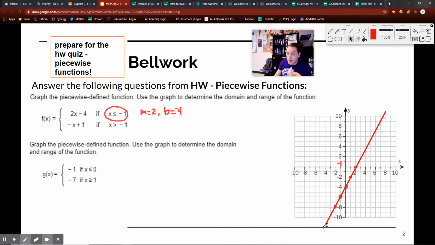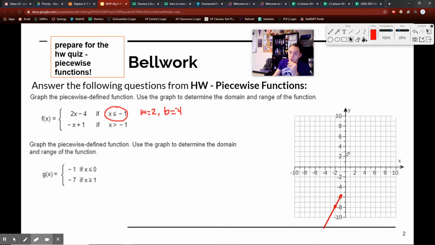So what do I have to erase? I have to erase literally from negative 1 right here, all the way across. Now, of course, I have to also erase the dots as well. So that right there is where my graph is.